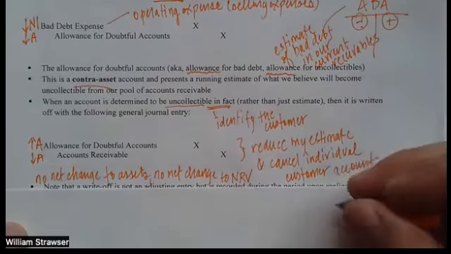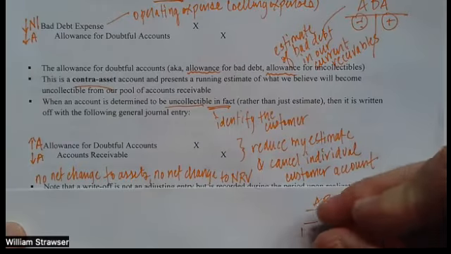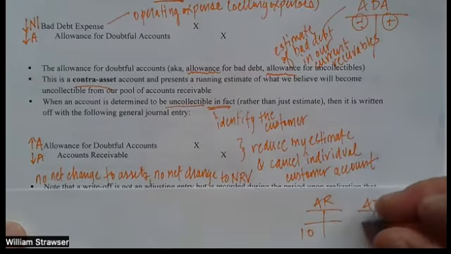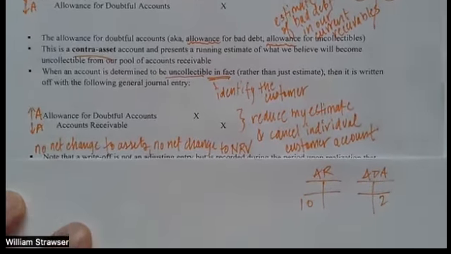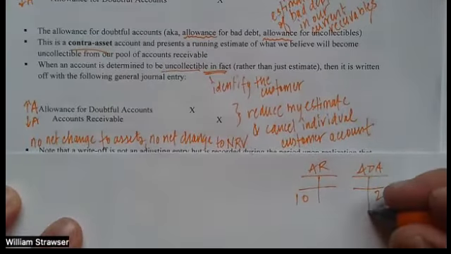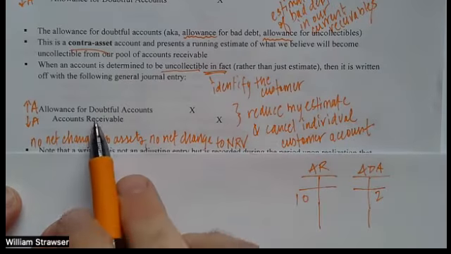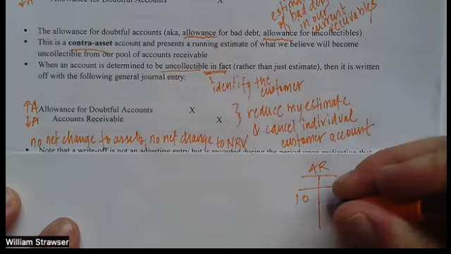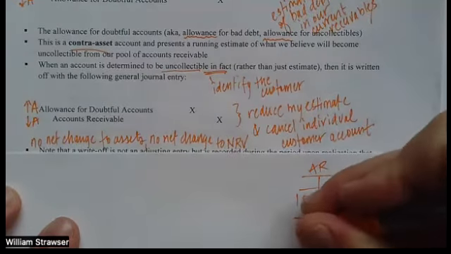So let's just take the example that if I had an account receivable balance of $10 and an ADA of $2, and I've now identified someone who is unable to pay, I write them off. So let's say it's a $1 write-off. I credit AR by $1, I debit ADA by $1, I reduce them both.